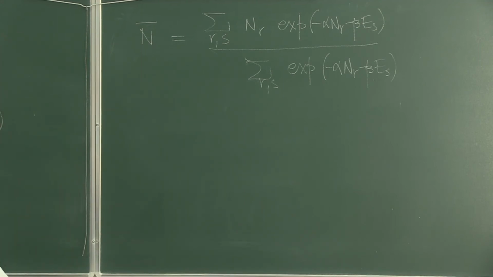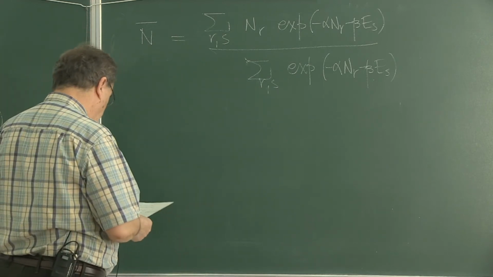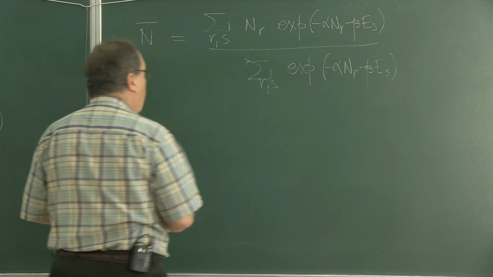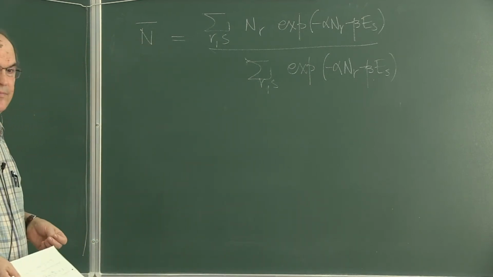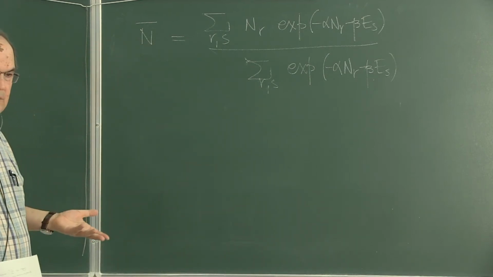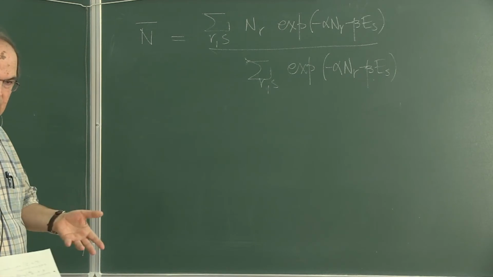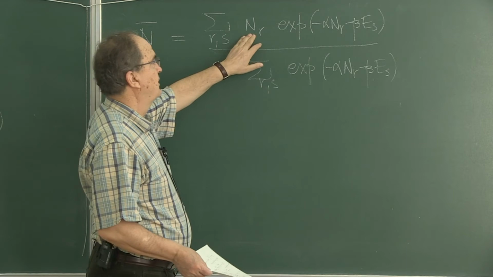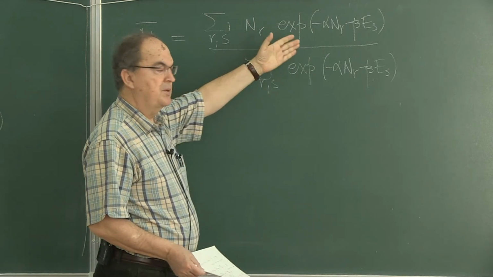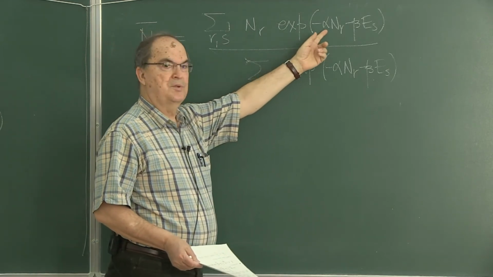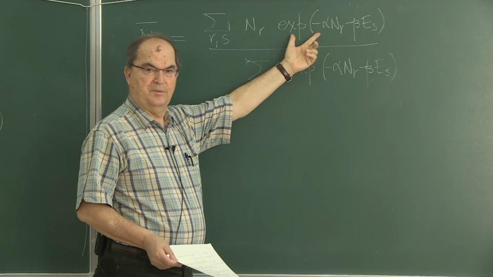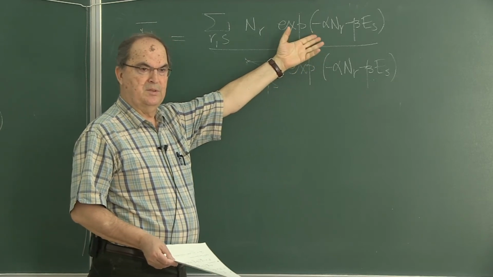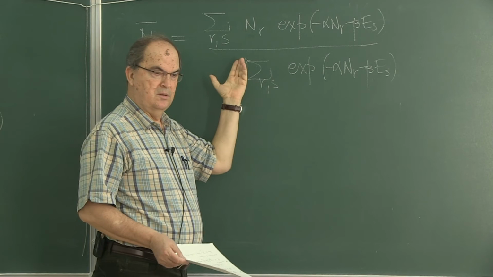That's the average number of particles in your system. Of course, this can be written in terms of the partition function itself, because to bring down an N_R from the exponential, you just take a derivative with respect to alpha. The negative of the derivative with respect to alpha brings down an N_R, isn't it?